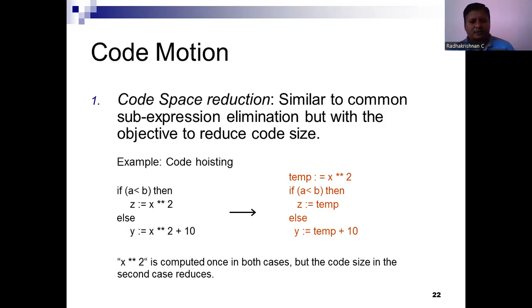We calculate the X squared value and assign it to a temporary variable. If the condition is true, assign the temporary variable to Z, else Y is equal to the temporary variable plus 10. That is the concept for implementation.